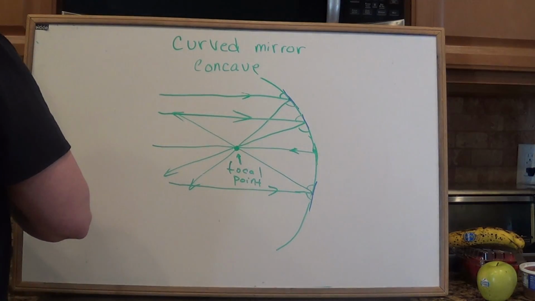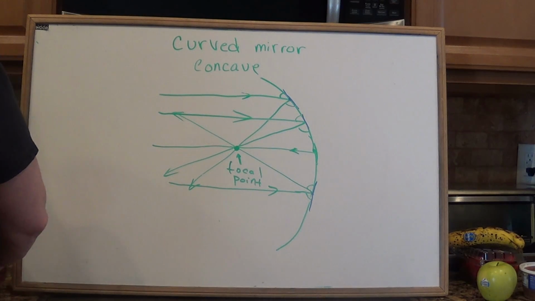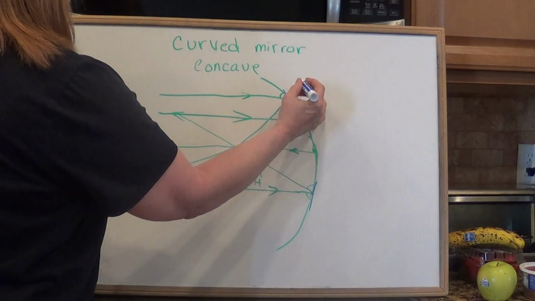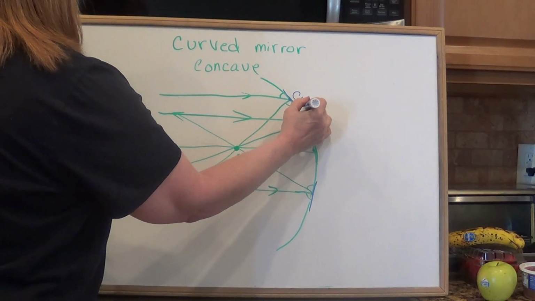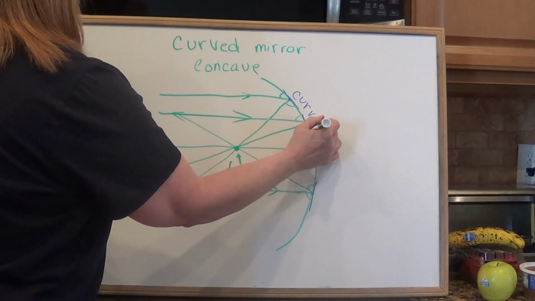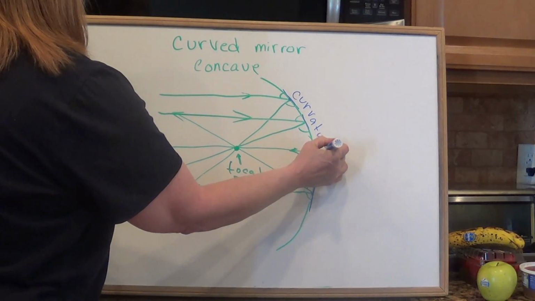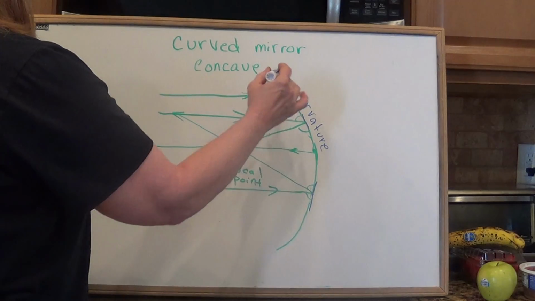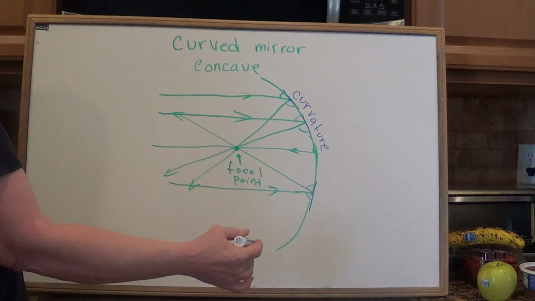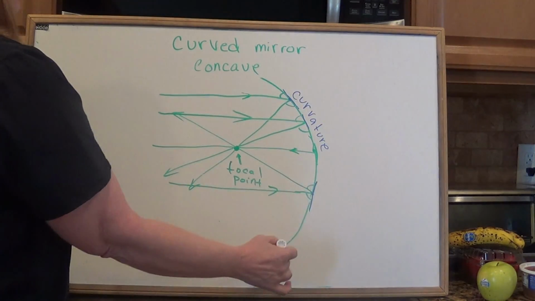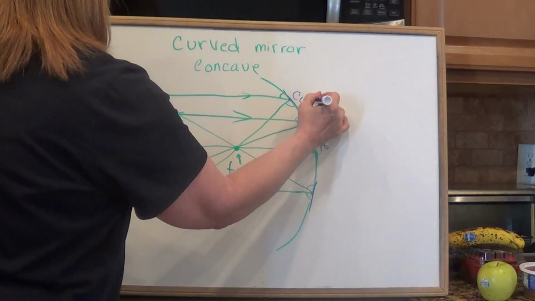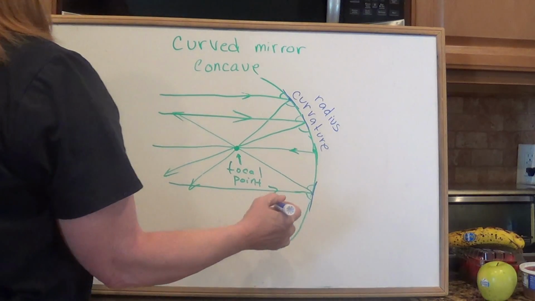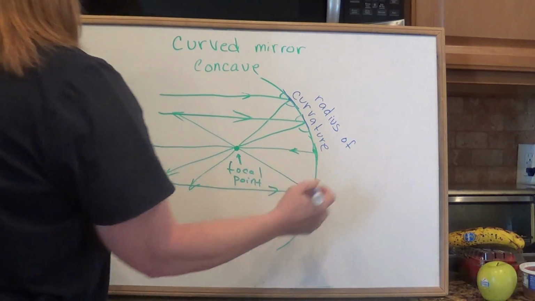There's only one more definition that you need to know before Monday, and that is, this is a curved mirror. It has curvature, and anything that has a curvature like this is part of a circle, but we've only drawn this part. But there is a radius involved still, and we call it the radius of curvature.